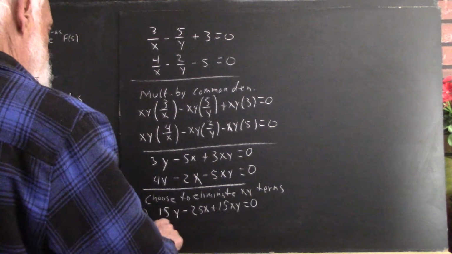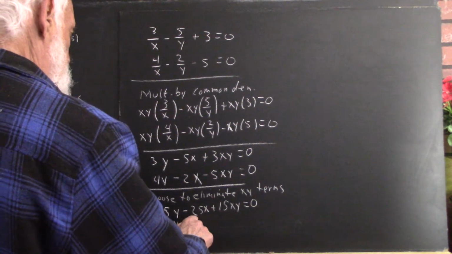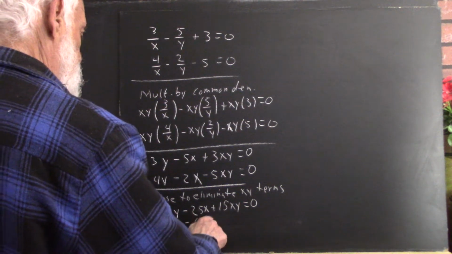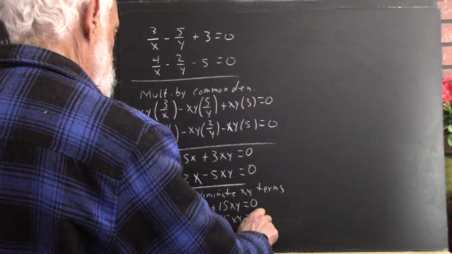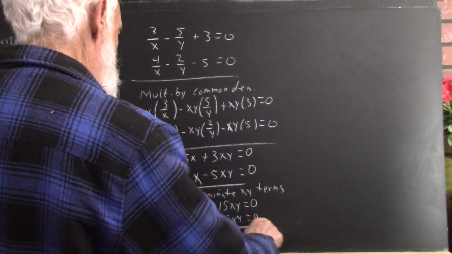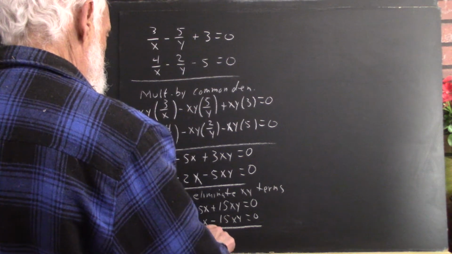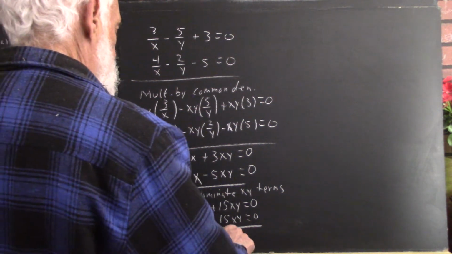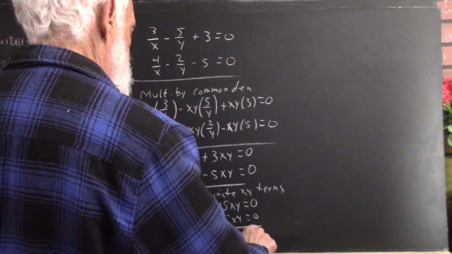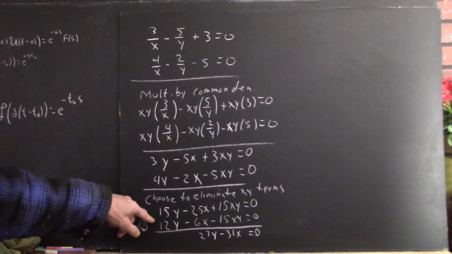And, try to be careful, 12y minus 6x minus 15xy equals 0. So now we have 27y minus 31x equals 0. Just adding these two.